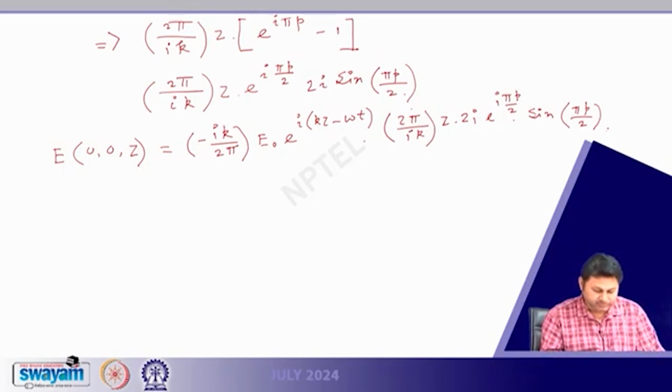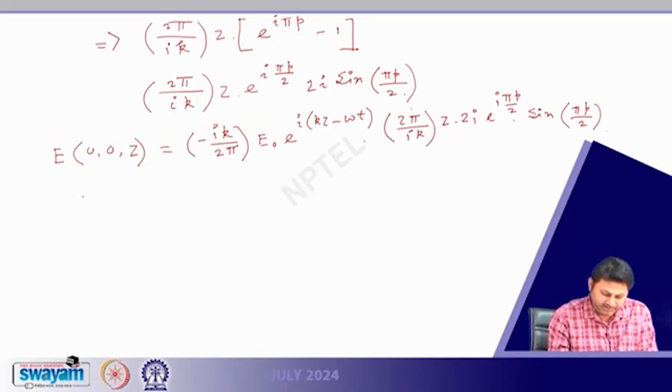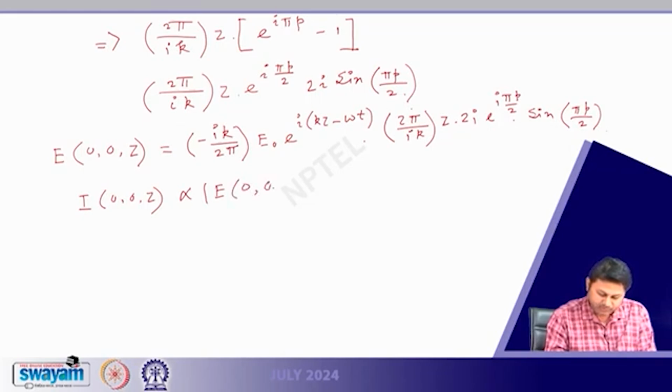Now, intensity. You can see that 2 pi, i k, 2 pi will cancel out, minus i will be there. But intensity I at the point 0 0 z, this is the point we are talking about, is proportional to mod square of E evaluated at 0 0 z.